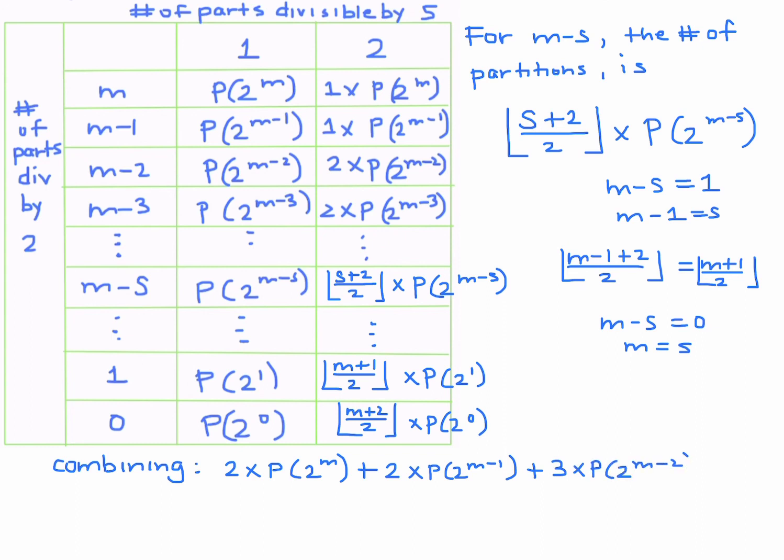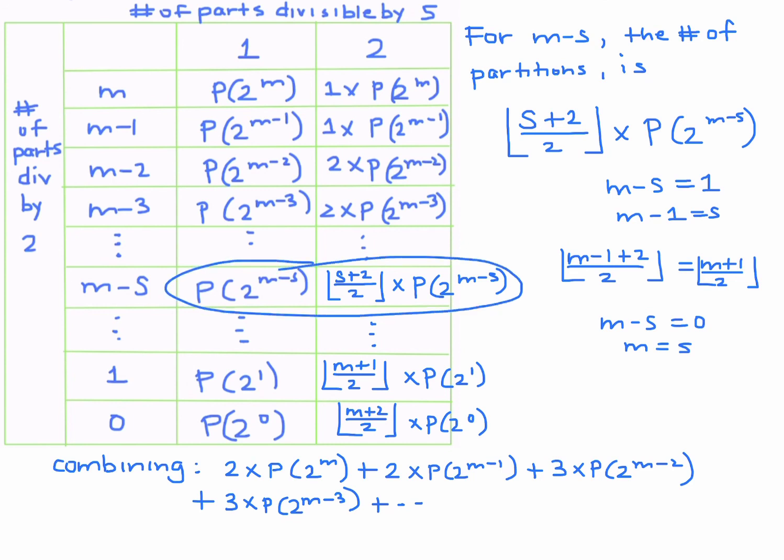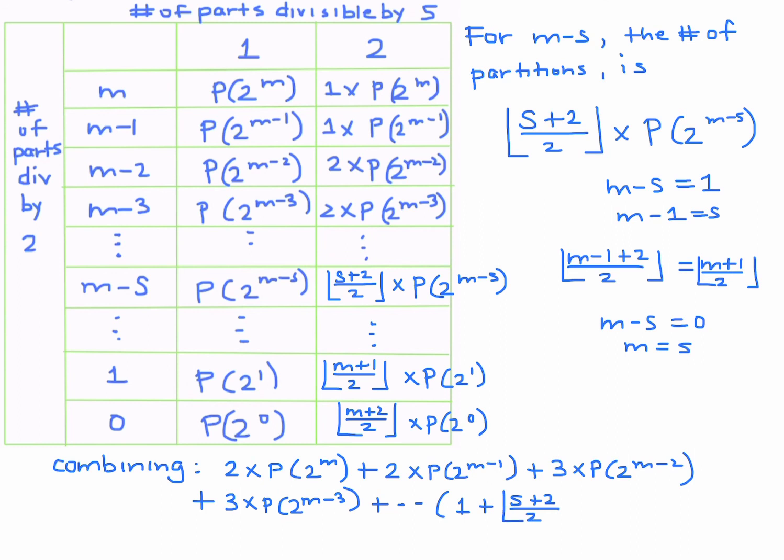And then I've got one more, 3 times p to the 2m minus 3. And then I have got all these dot, dot, dots, and then we have a general term. And that general term, if I add this one to that one, will give me 1 plus s plus 2 divided by 2. And then that's all times p to the 2m minus s, like that.